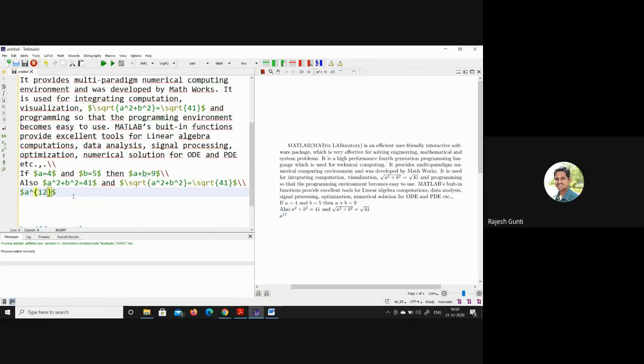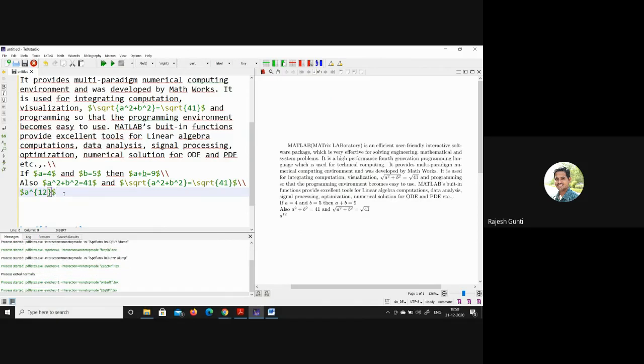Suppose you want to write a to the power of x square plus 2x plus 3. A to the power of, in dollar symbols, x cap 2 plus 2x plus 5.